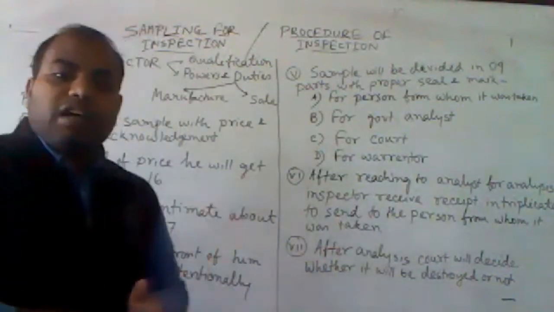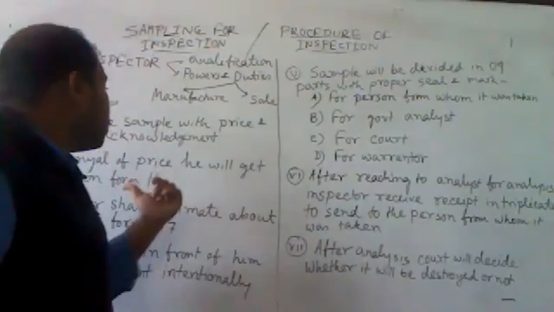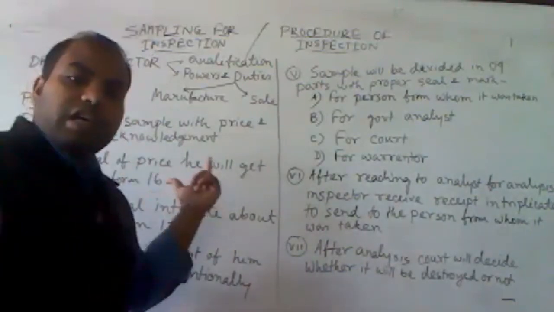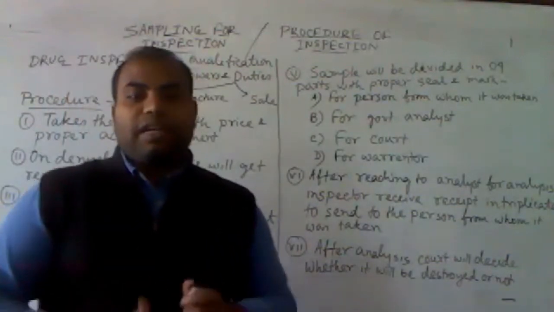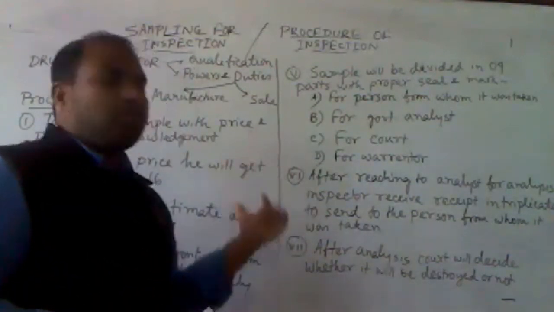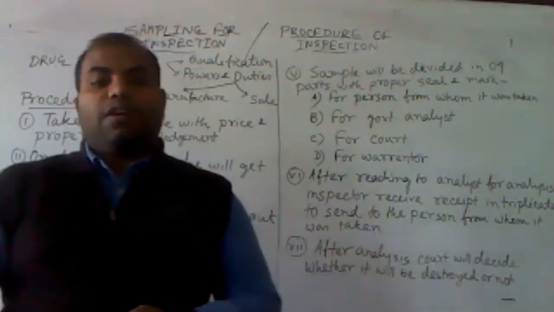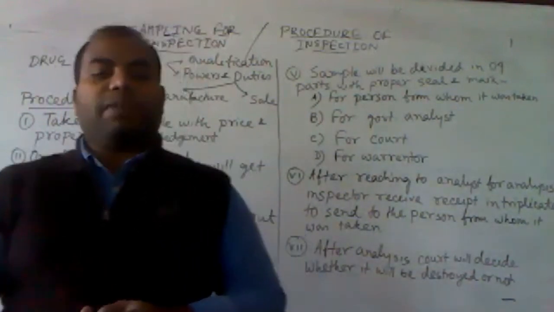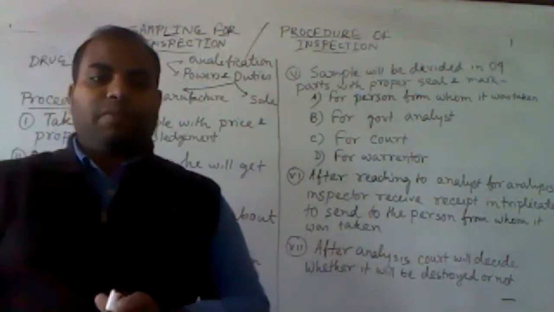So kindly go through these videos before starting this procedure for the sampling. Then only it will be clear to you how the sampling procedure is done, how the inspection procedure is done, and what are the points that are covered under the inspection for inspecting any drug or cosmetic under the Drug and Cosmetic Act 1940 and 1945.